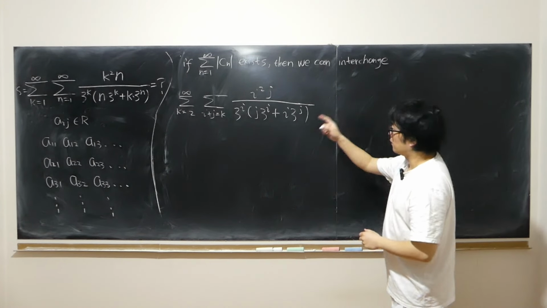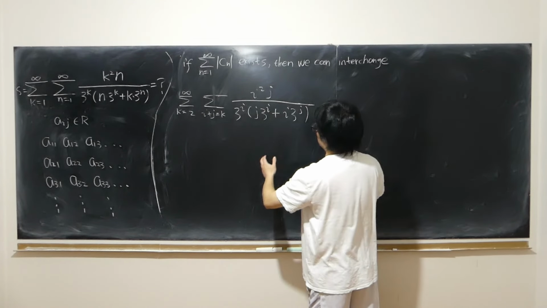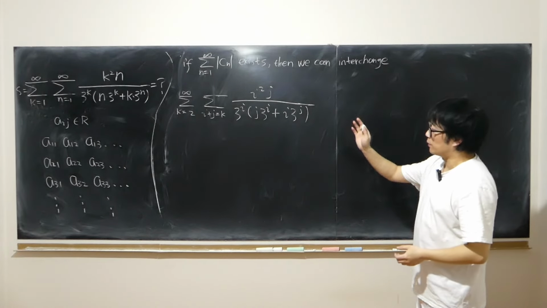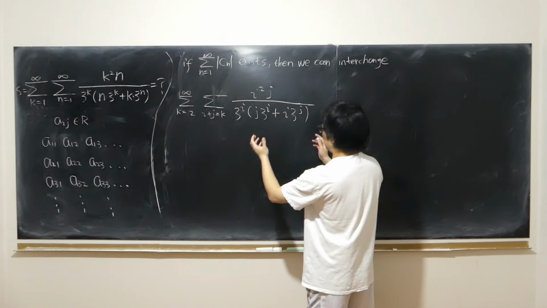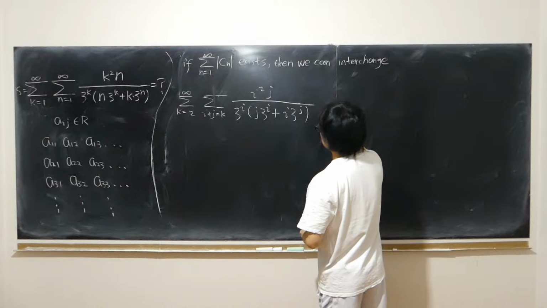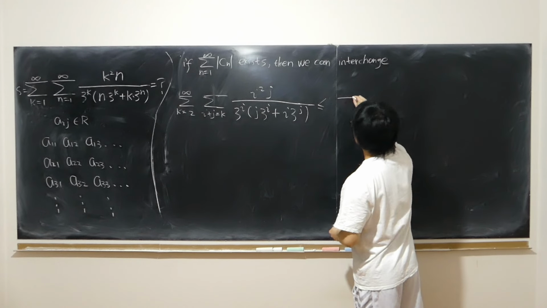If I do it this way, can I show that the absolute value, which is already positive, is convergent? If it's convergent, then we can interchange. So the thing is that here, I'll just loosen it a little bit. Loosen the inequality.